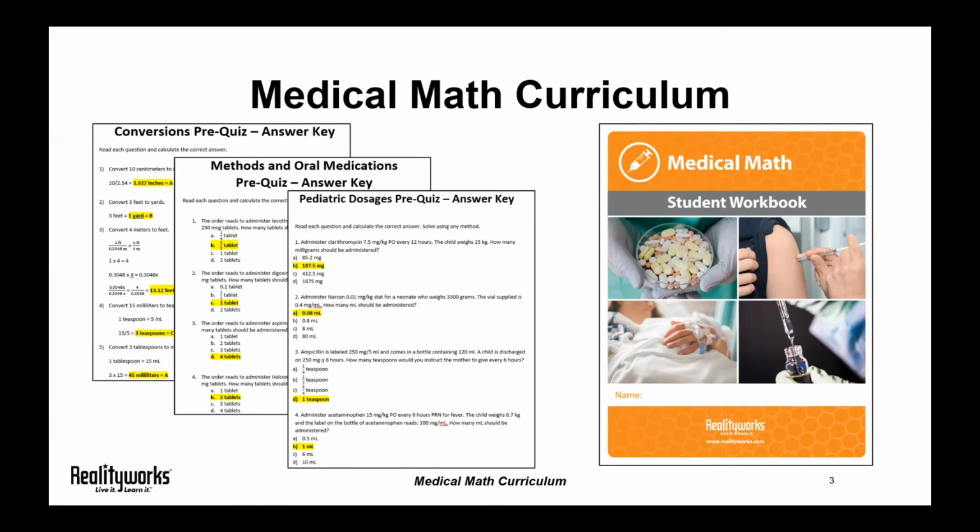The kit comes with 20 student workbooks that correspond with each of the lessons. The instructor PowerPoint presentations provide all the materials you need to teach your students about the topics necessary for mastery of medical math. A summative quiz that assesses students' medical math skills wraps up the entire lesson.